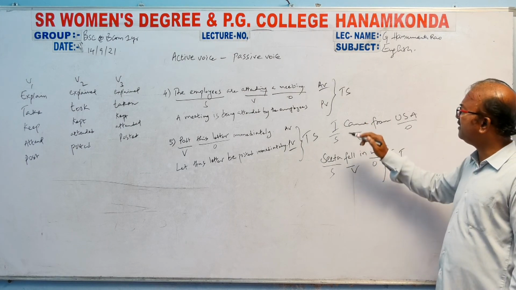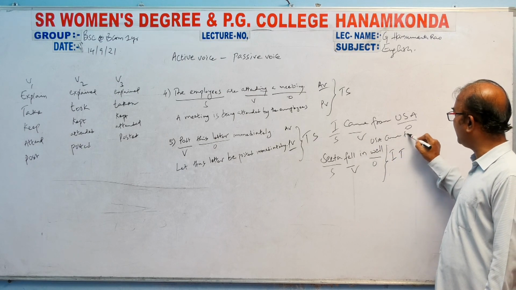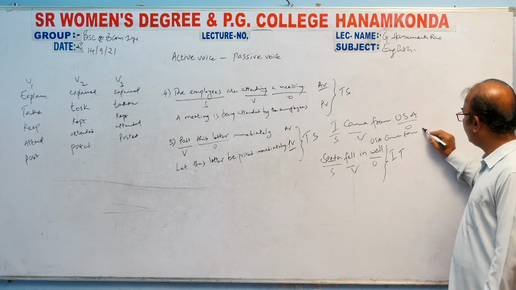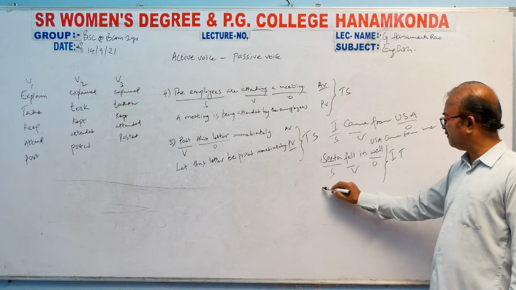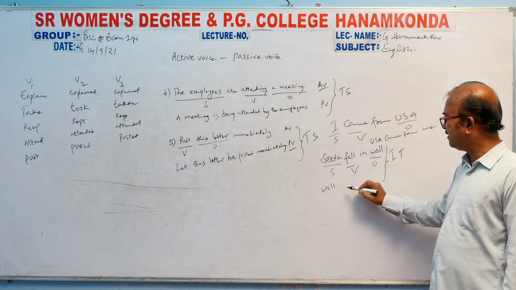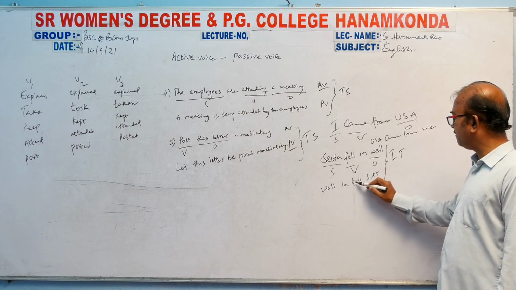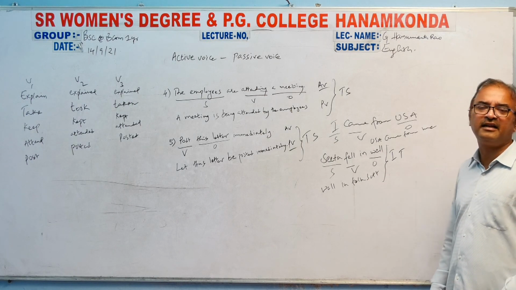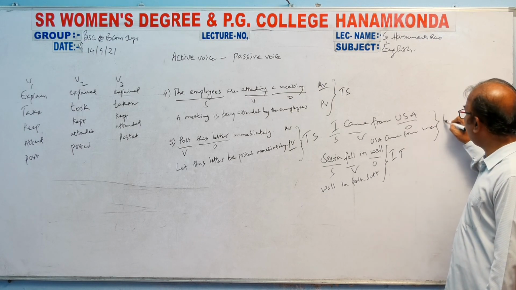And check this one: USA comes to the place of the object, then came, then from me. USA came from me. Is there any meaning in that? In fell Sita, fallen Sita, well in fallen Sita. Do we get anything like this? That's why these kinds of things become intransitive.